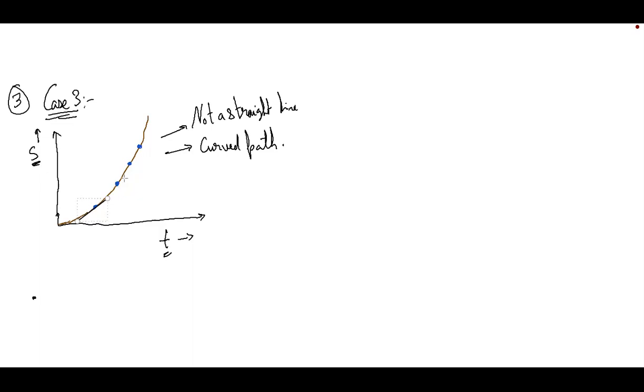Then at this point, the slope will be something like this. This is a very rough one. If you observe at all the points, the slope of this curve is changing.